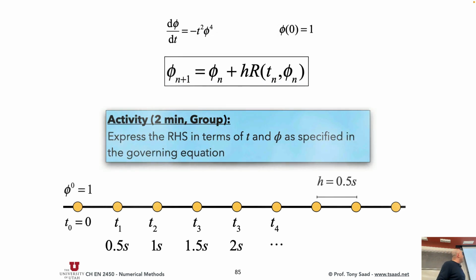The first thing you want to do is express the right-hand side in this generic formula in terms of the actual ODE. So instead of r of tn, phi n, substitute the actual right-hand side. Put in what the right-hand side is in this formula so that we can actually solve it next. So keep it in terms of phi n plus 1 equals phi n plus h times, what is the right-hand side in this case?